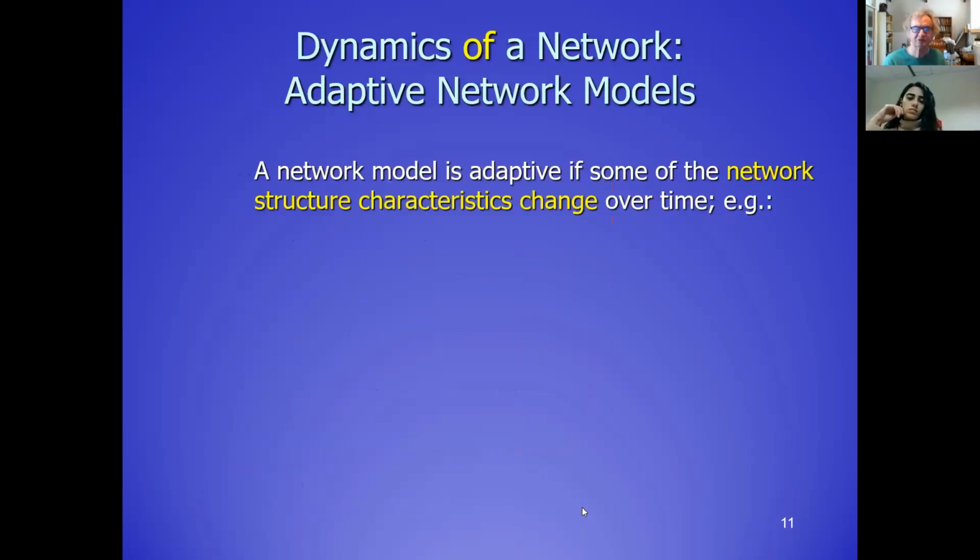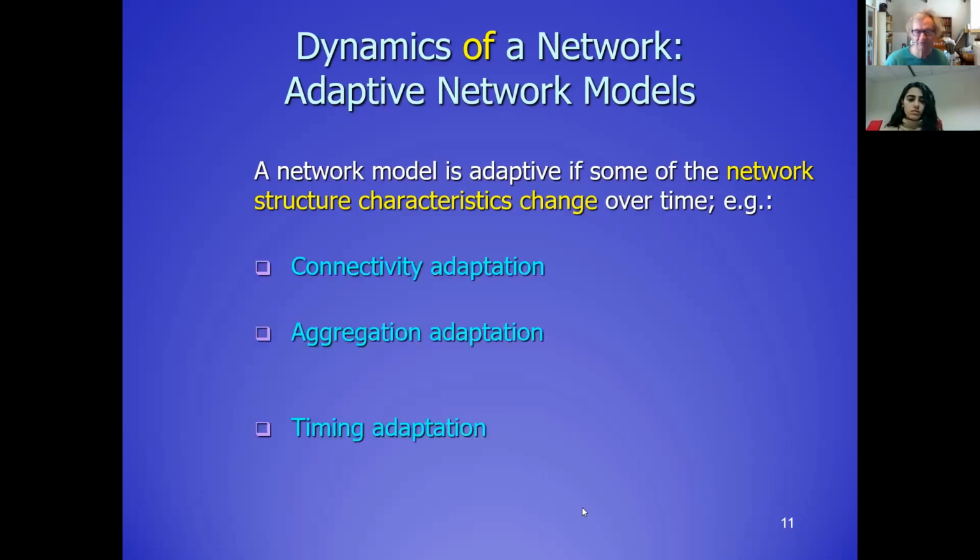And that's what I will tell about now, because that makes it still more clear, the form of computational intelligence, which is often about adaptation and learning. So networks can be adaptive. And that means that some of the network structure characteristics change. Well, we had these three types of them. So you can have change in connection weights if you want to change connectivity characteristic.